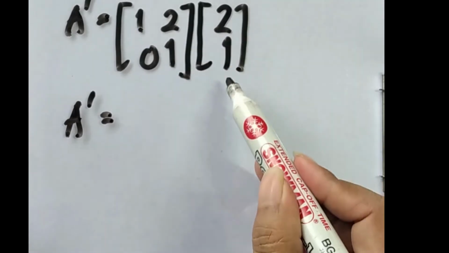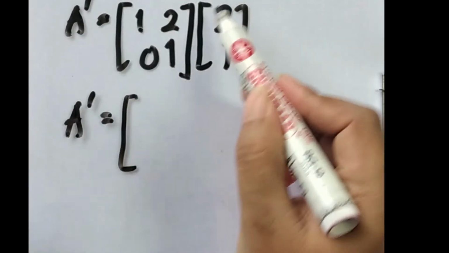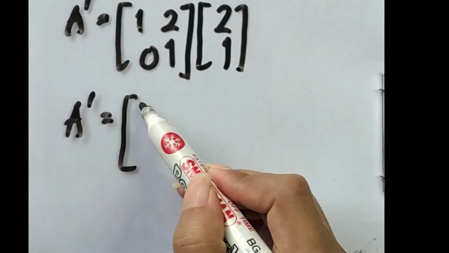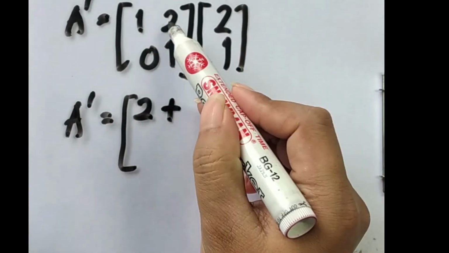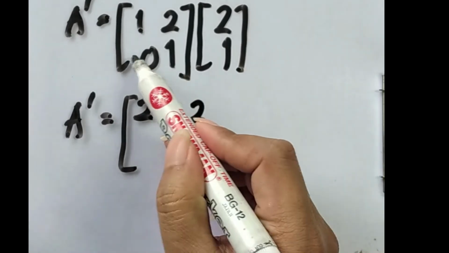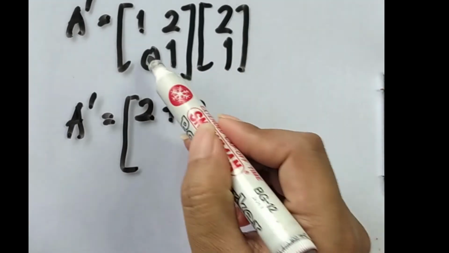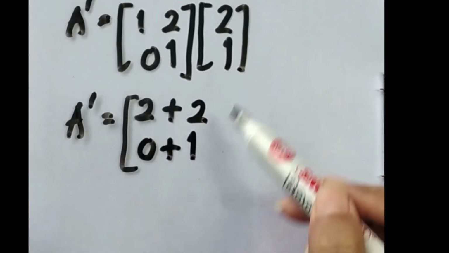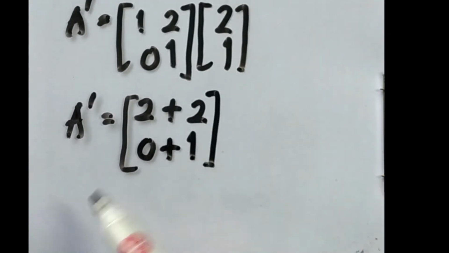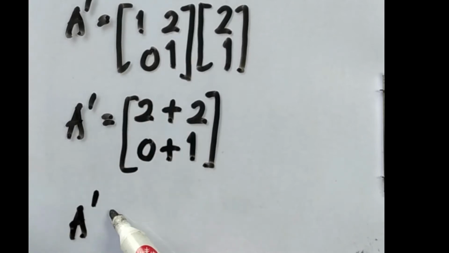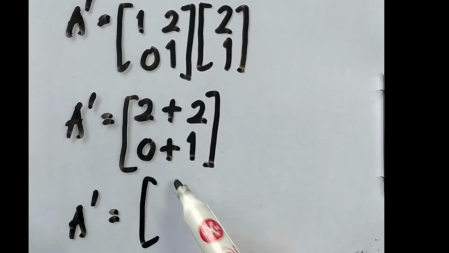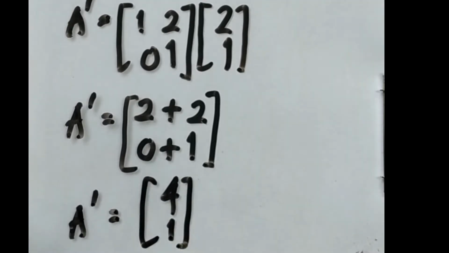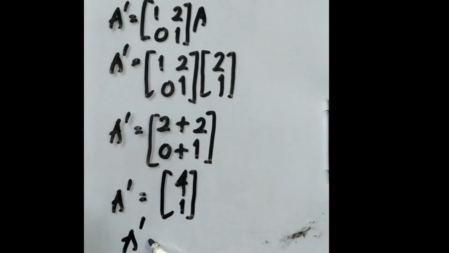This row times this column: 1 times 2 equals 2, plus 2 times 1 equals 2. This row also multiplied by this column: 0 times 2 is 0, plus 1 times 1 equals 1. So A accent equals 4 and 1, which means the coordinate of A accent is 4, 1.